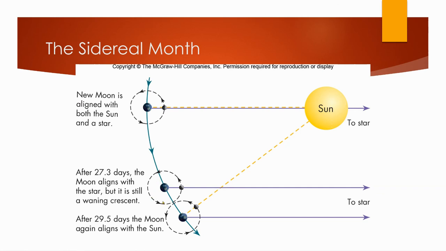So it takes the moon a sidereal month, or 27.3 days, to orbit 360 degrees. It takes 29 and a half days, pretty much 2 days longer, for it to line back up and give us a new moon. So even though it goes through its orbit in 27.3 days, it takes 29 and a half days to get to another new moon.